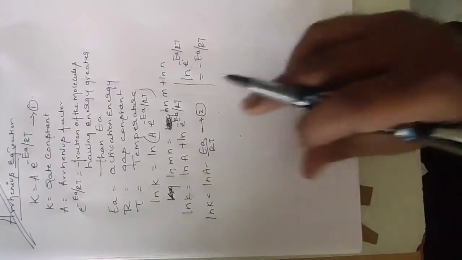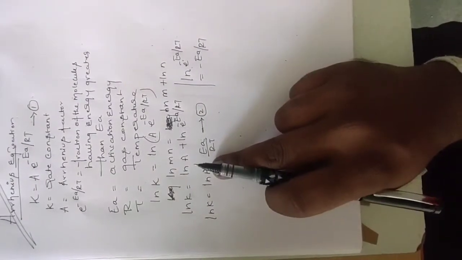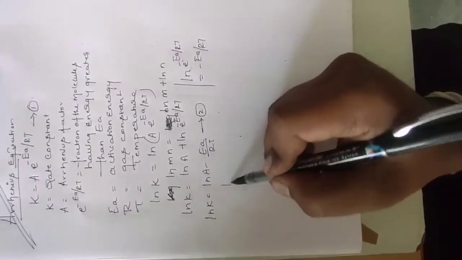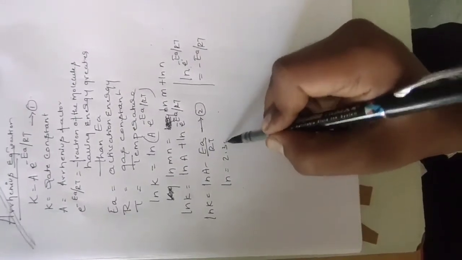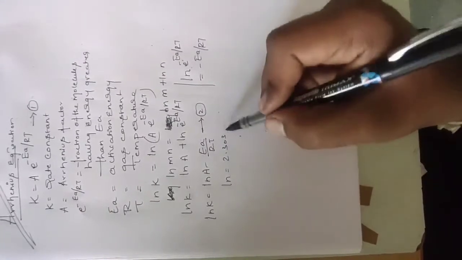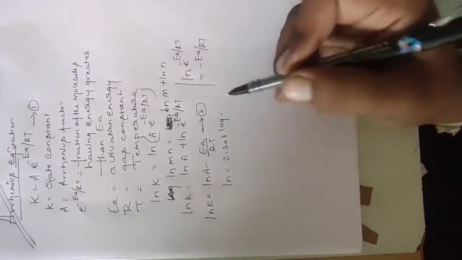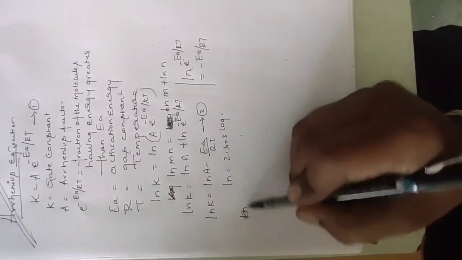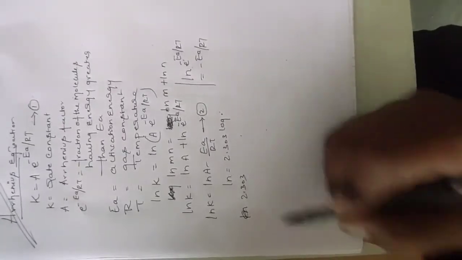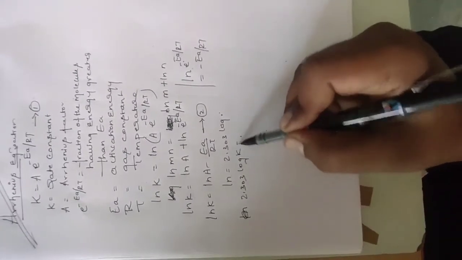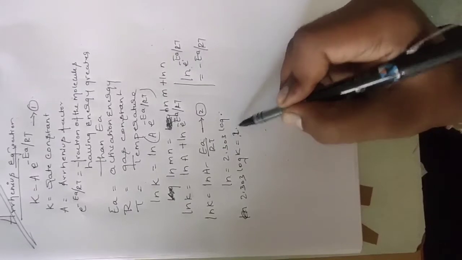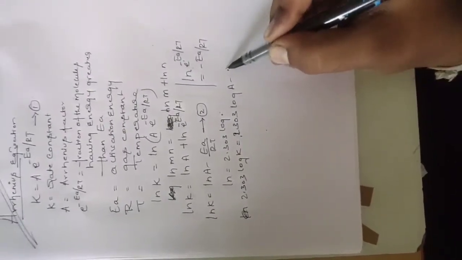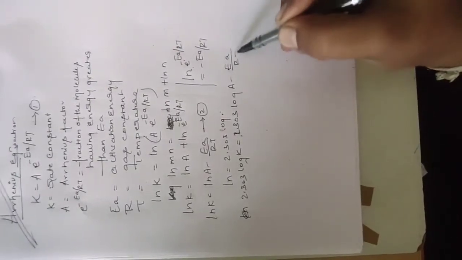Okay, we know that ln may be converted into log base 10: ln is nothing but 2.303 log. So 2.303 log k equals 2.303 log A minus Ea by RT.